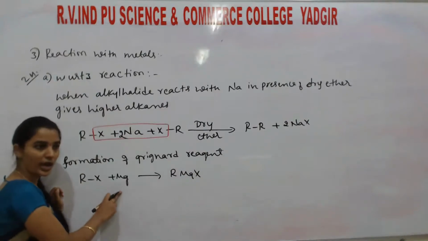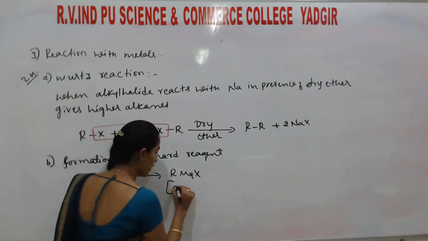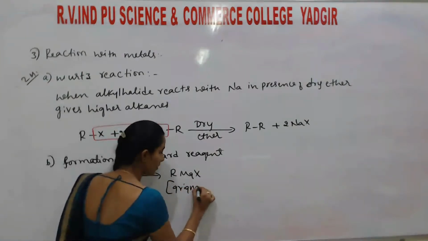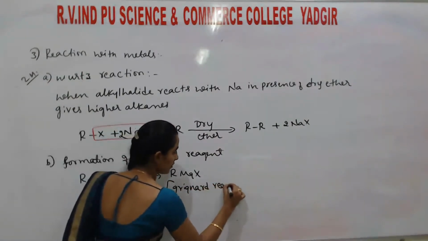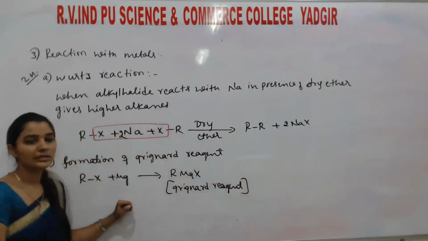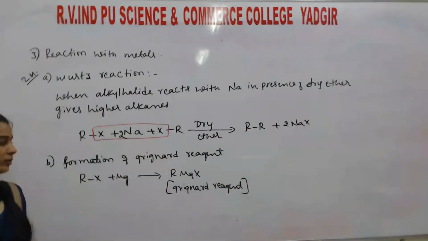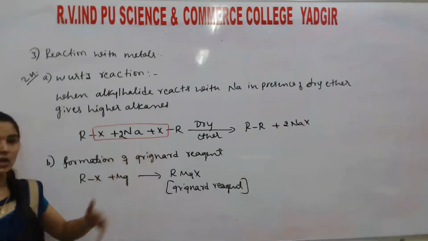So this is called Grignard reagent. Grignard was a scientist who worked on the synthesis of this type of reagent using alkyl groups, hence it is called a Grignard reagent.